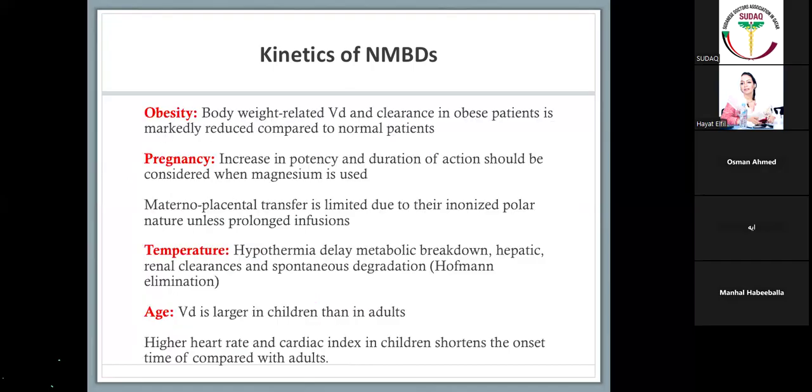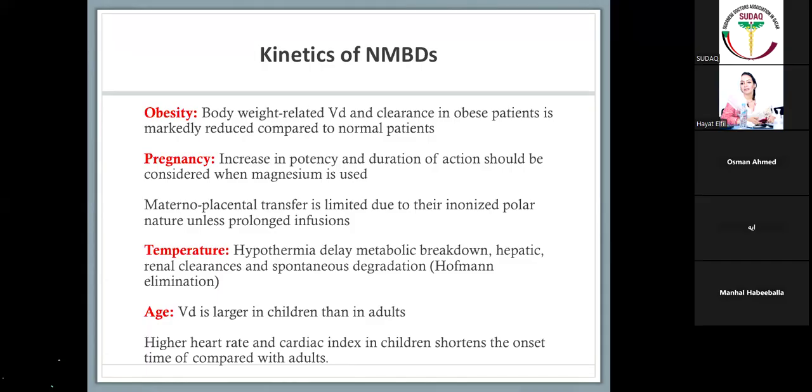In terms of obesity, it's very important to appreciate the kinetics of those muscle relaxants in obese patients, because body weight related volume of distribution and clearance in obese patients is markedly reduced compared to normal patients. So you have to appreciate that in obese patients the volume of distribution is much less, and we already have a small volume of distribution for those kinds of drugs.